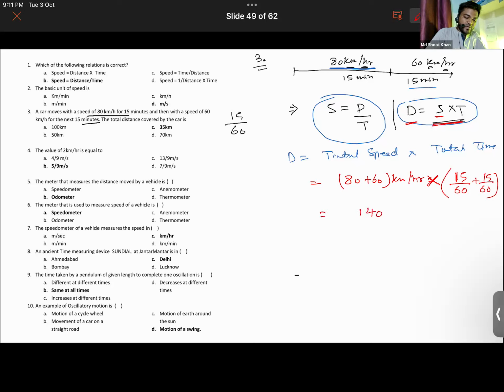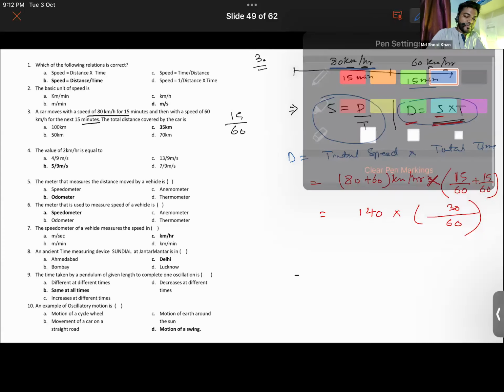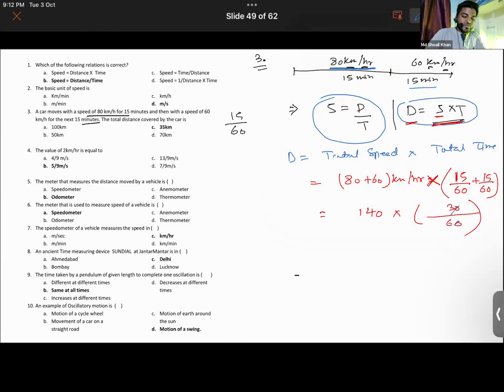So 140 multiplied by 15 upon 60 plus 15 upon 60. That will be how much? 30 upon 60, sir. Yes, very good. So you divide it and you get 140 upon 2, so that is 70 kilometer.